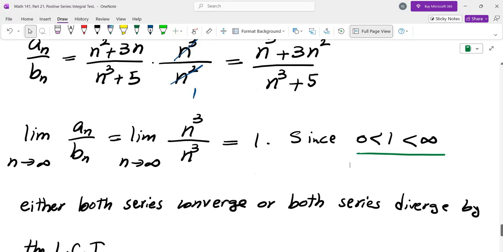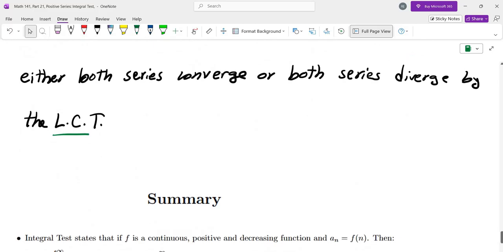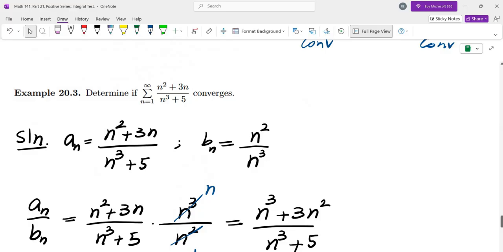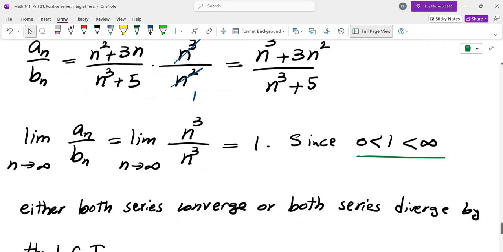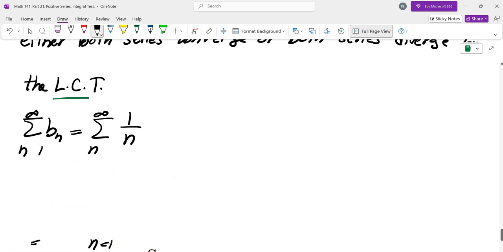Now we'll have to check if one of them converges. Let's look at the sum of bn. Sum of bn is the sum of 1 over n, n equals 1 to infinity, because what we are given is n squared over n cubed, which is 1 over n. That's what we came up with. And we know that this series diverges because of the p-test.